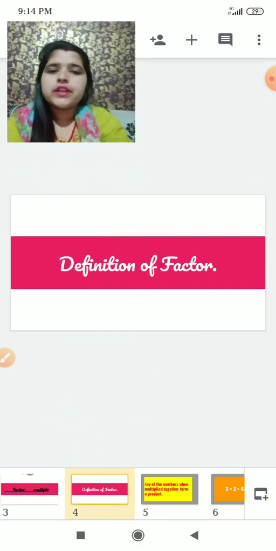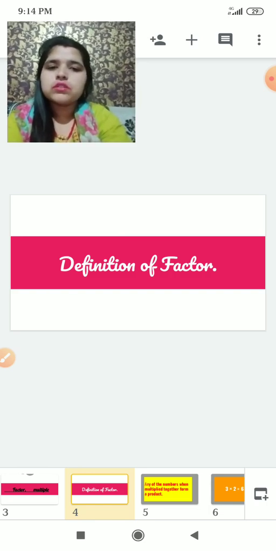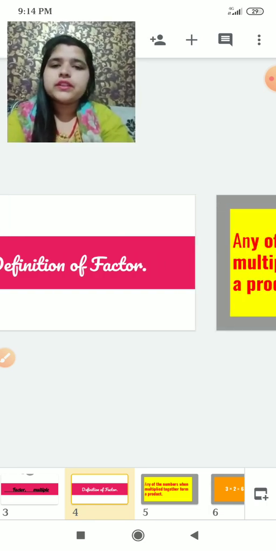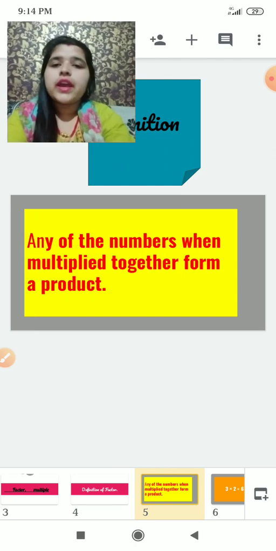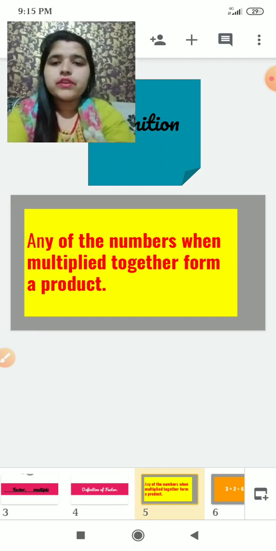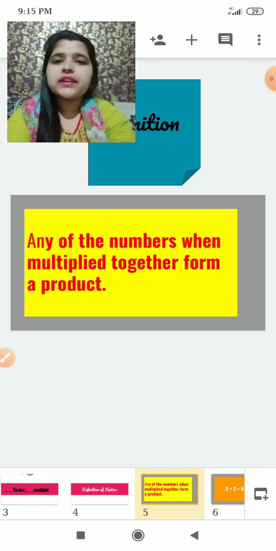What is the definition of a factor? Factor means any of the numbers that, when multiplied together, form a product.